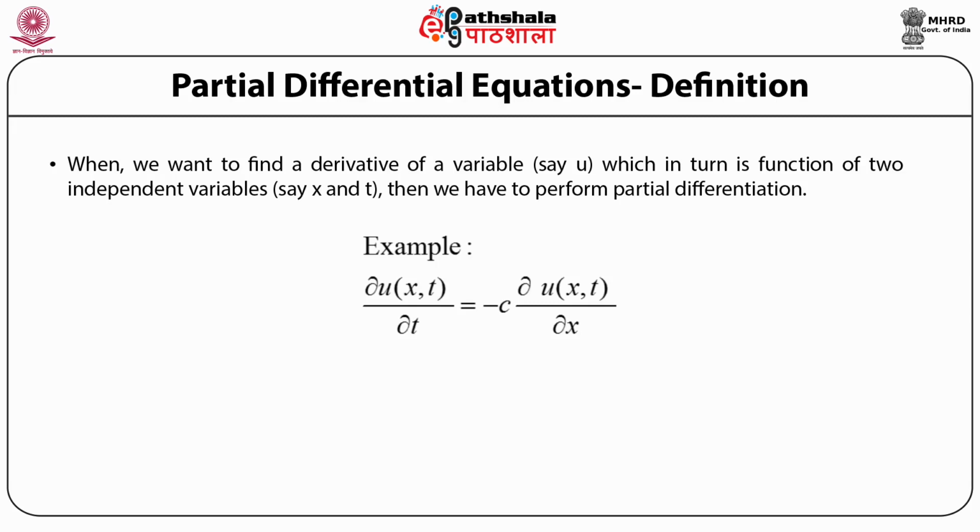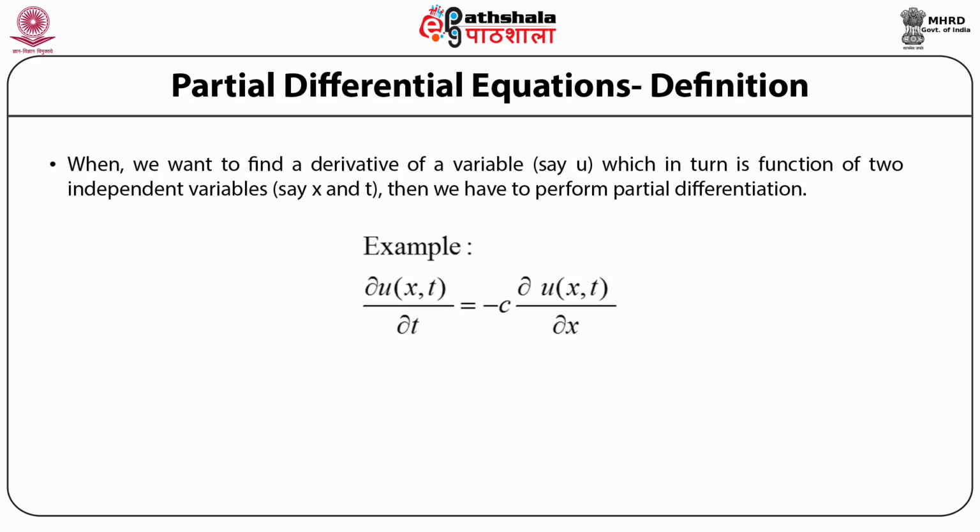Now, how do we denote a partial differential equation? We denote it by a small dou as shown in the figure, right? So it is just the mirror image of writing d. It's dou u of x comma t. That means u is a variable we are interested in, but u unfortunately or fortunately depends on the two independent variables x and t. So it means it's a function of x and t, and then we are going to differentiate with respect to t.